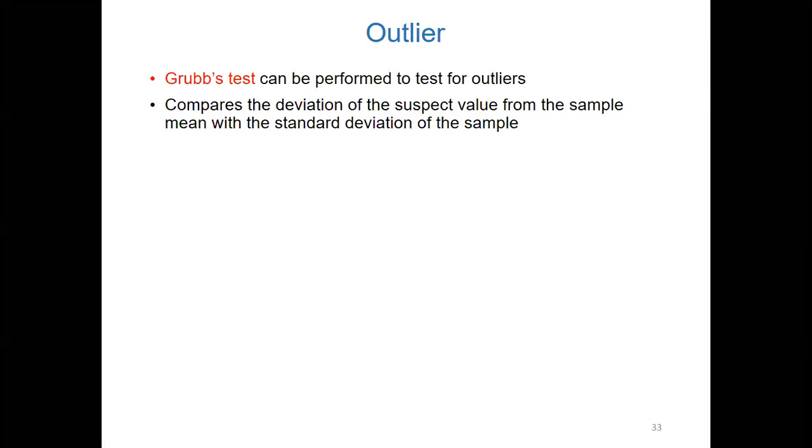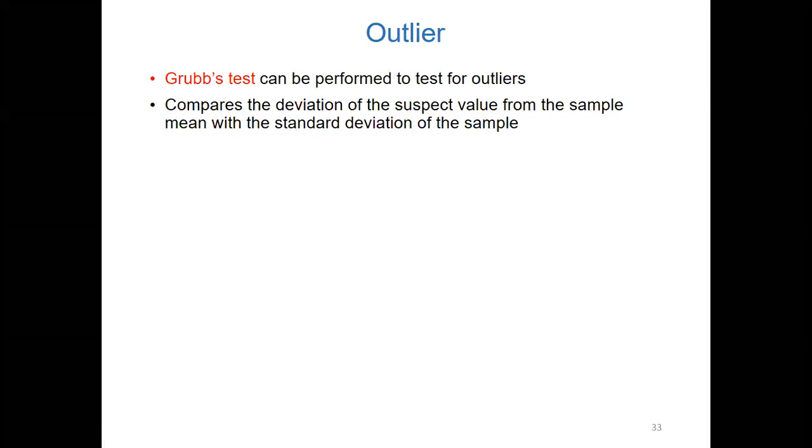By simply looking at the results, we cannot tell that something is an outlier. There should be a more systematic way to determine whether outliers are present. The Grubbs test is the significance test that we can perform to test for outliers.